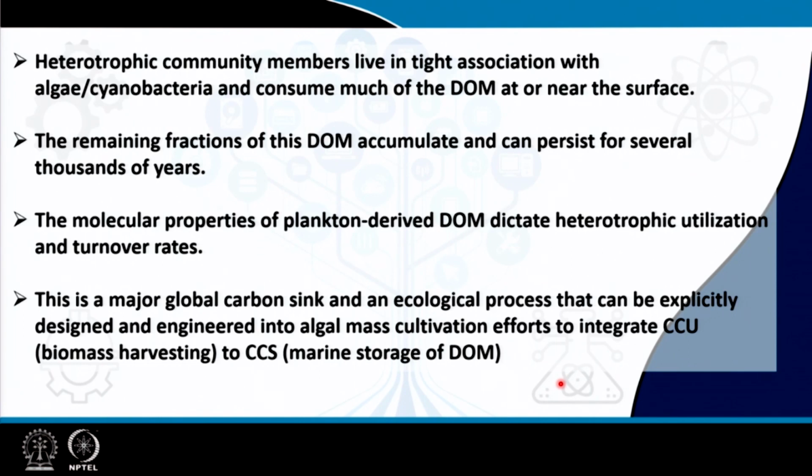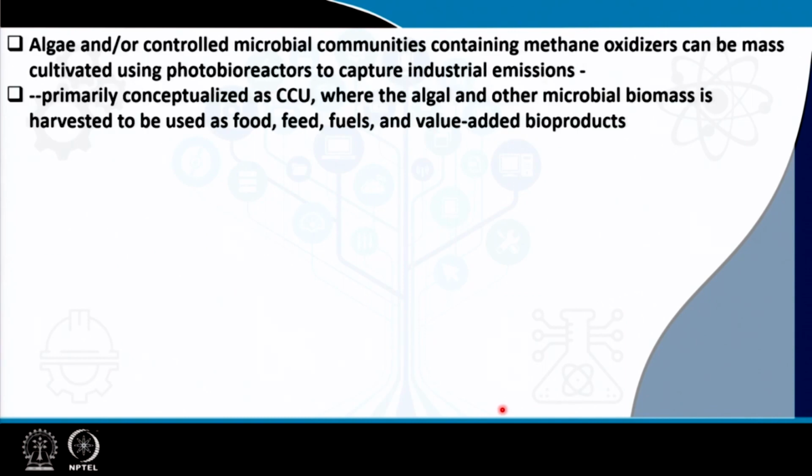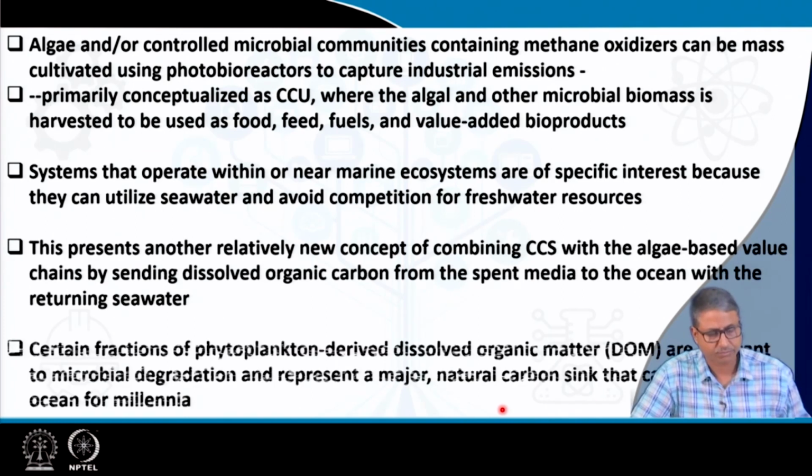The remaining fraction of the DOM accumulates, because the heterotrophic community lives in tight association with the algae and consumes much of the DOM produced. The remaining fraction basically accumulates and persists for several thousands of years. The molecular properties of this plankton derived DOM dictate the heterotrophic utilization and turnover rate, and it is found to be a global carbon sink and an ecological process that can be explicitly designed and engineered into algal mass cultivation efforts to integrate CCU, that is the biomass harvesting, to CCS, that is the marine storage of dissolved organic matter, and both the algae and other organisms can be utilized for that.